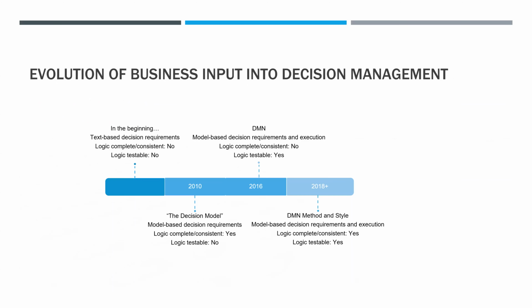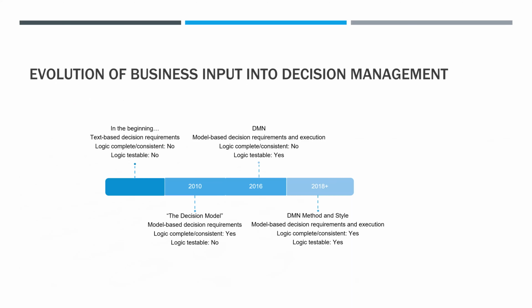Now, in the old days, the business would create text-based requirements documents, and we all know that didn't work out too well. Then in 2010, Barb and Larry came out with the decision model, and that gave business users a methodology for creating model-based requirements that could be examined, at least visually, to ensure completeness, consistency, and maintainability.